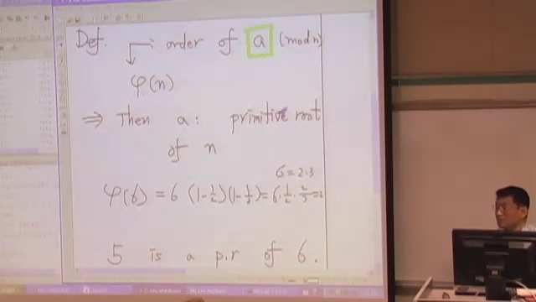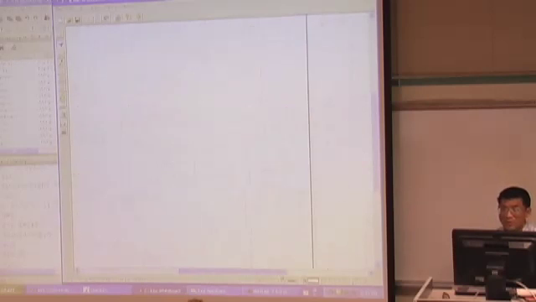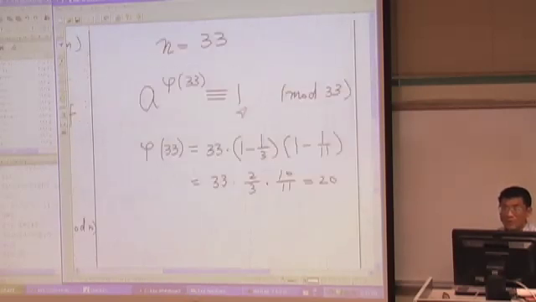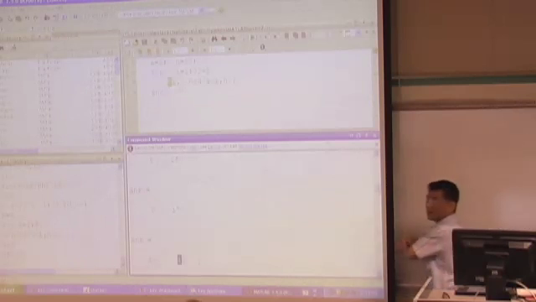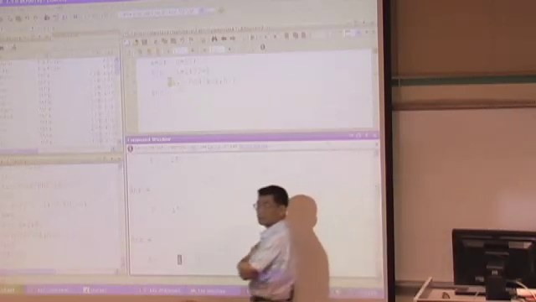Do you see the definition? In other words, we achieved 1 when the power is not 20. When it was 10, I could achieve it. In other words, 2 is disqualified because of this reason. 2 cannot be a primitive root.